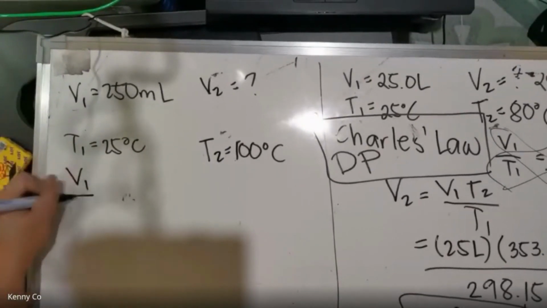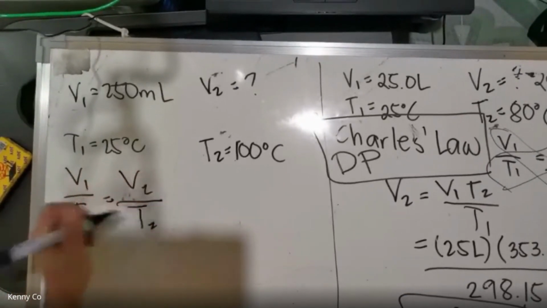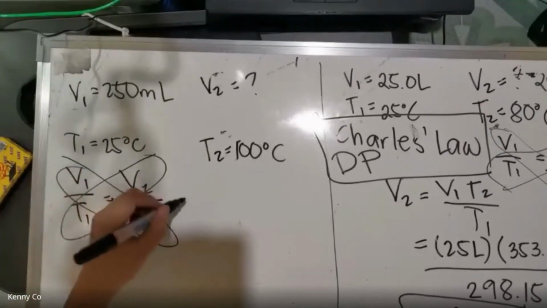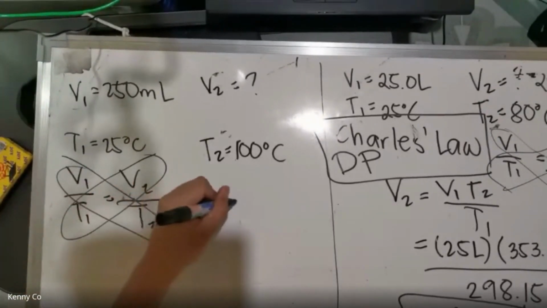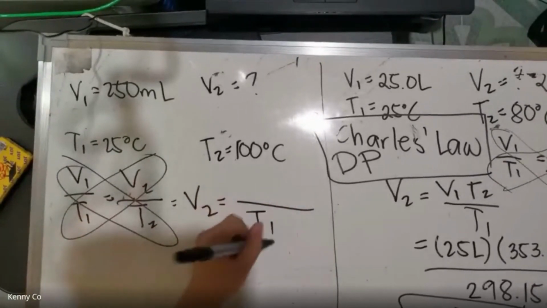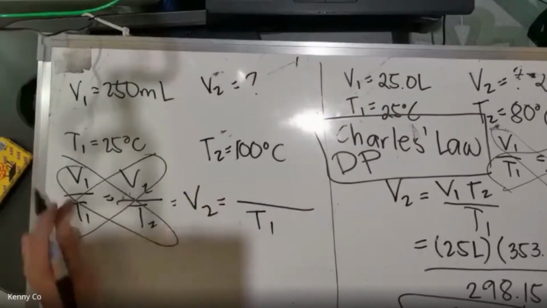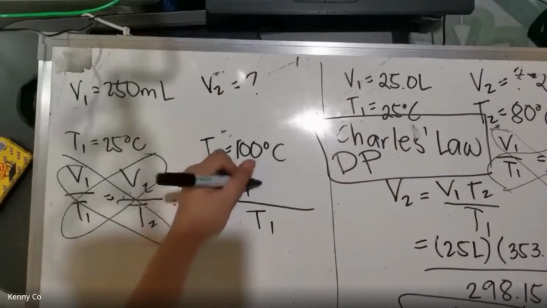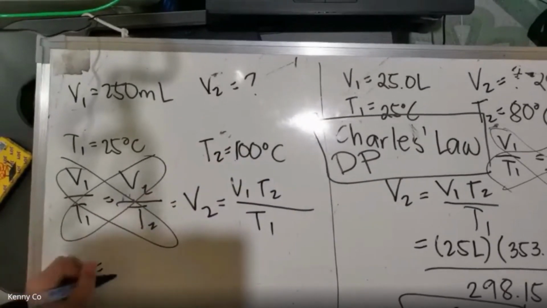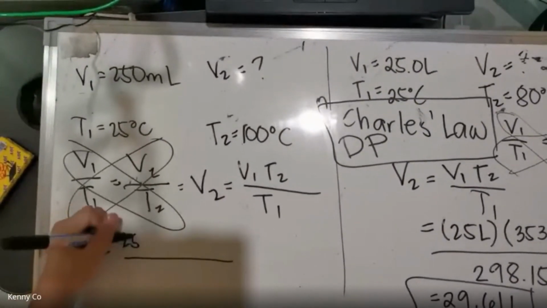So, V1 over T1 is equal to V2 over T2. Nawawala ang V2, cross-multiply. So, isulat na si V2. Kung sino yung kasama nung nawawala, siya yung denominator. So, in this case, T1. At gawin natin numerator yung kompleto, yung V1, T2. Okay. Next, V1 is equal to 250 ml.